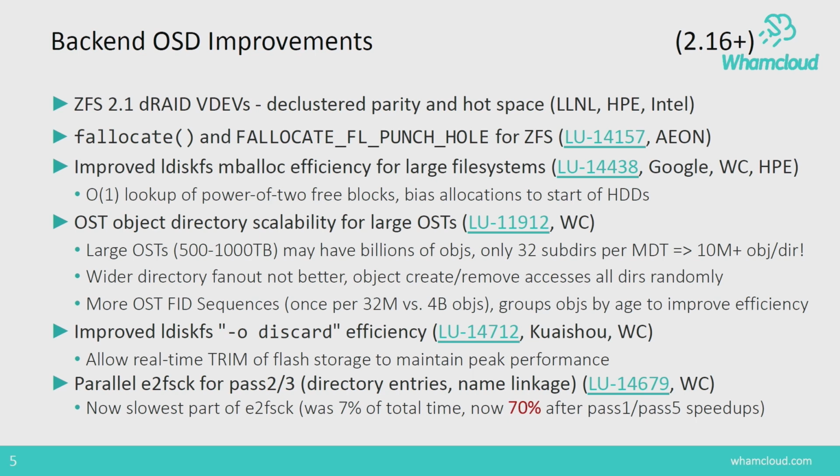So rather than keep on scaling the number of directories, we're going to move to having more directory trees, so that each MDT will create at most 32 million objects in one directory hierarchy, and then move to a completely new hierarchy.